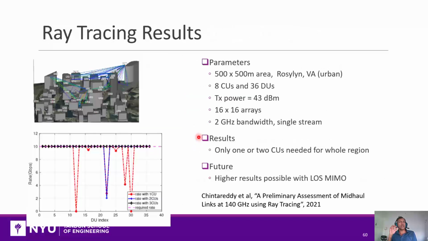Now, we did a little bit of a capacity analysis, just ray tracing, of this work. I don't want to go into details of this, but what you could get, under reasonable transmit power, if you had on the order of, say, 3 central units that were well placed, usually on tops of buildings, is that you could cover a reasonable area at fairly high data rates that are close to about 10 gigabits per second.